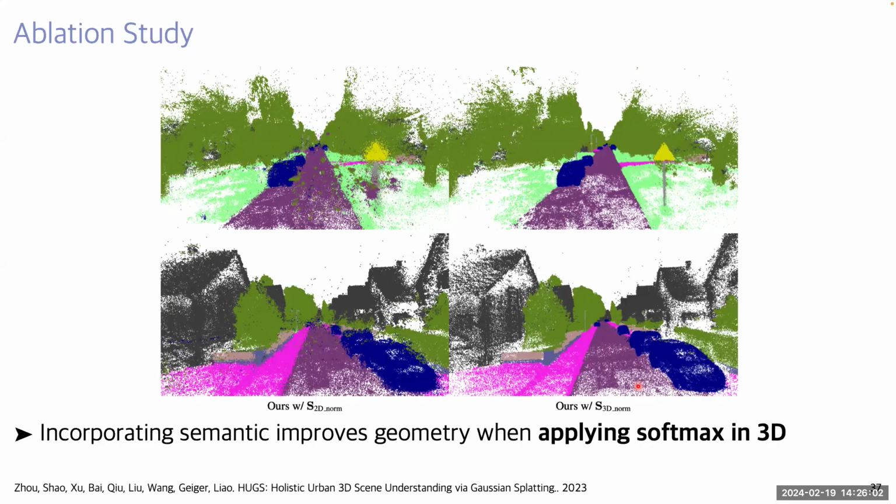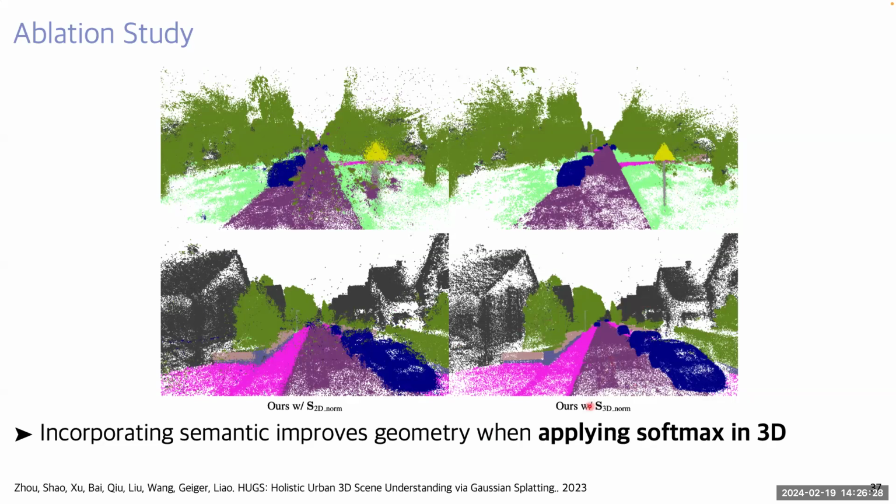The other choice is that you accumulate the logits, and then apply the softmax in the 2D space. What we found is that the latter is what is commonly used in semantic NeRF and existing NeRF-based methods. In that case, the model can cheat by adjusting the scale of the logits, so it does not really improve the geometry.